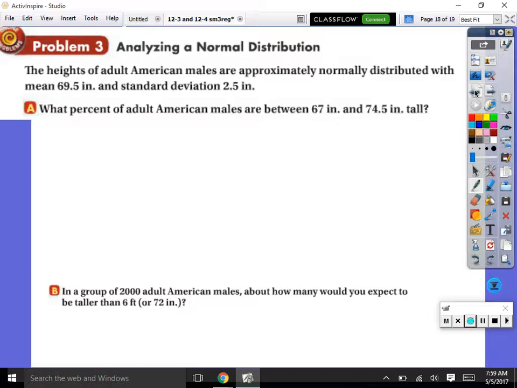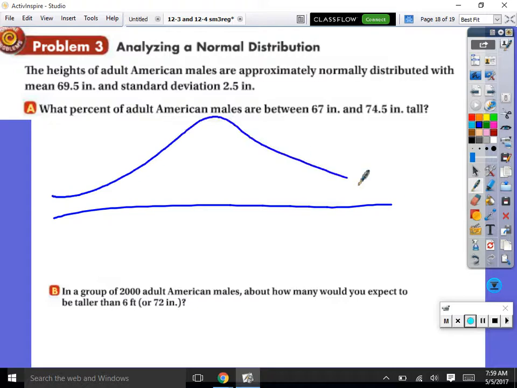The heights of adult American males, which although you guys aren't quite considered adults yet, so you probably will grow a little bit, are approximately normally distributed with a mean of, I guess I should say you are adults, but you're growing still, a mean of this and a standard deviation of 2.5. Grab your calculators. Let's get going like maniacs here so we can hurry through this.